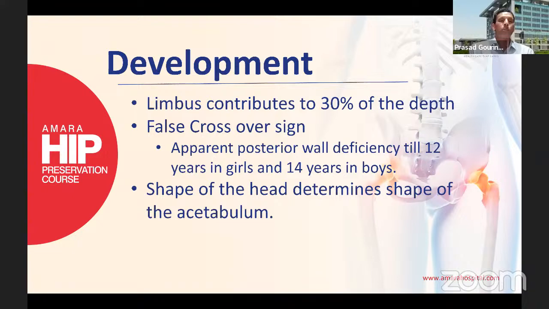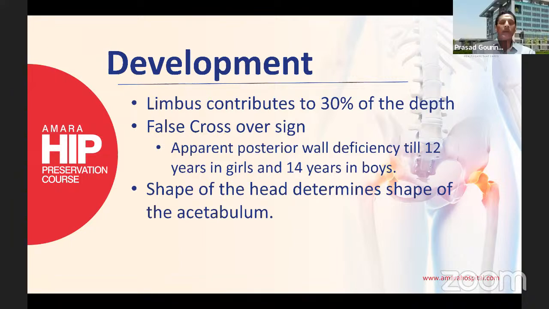Another aspect of development, the shape of the head defines the shape of the acetabulum. If you put a square peg in place of the head, the acetabulum becomes square. People have done studies with triangular and other types of objects placed in the acetabulum, and it became triangular. If you have a round head, the acetabulum becomes nice and round.